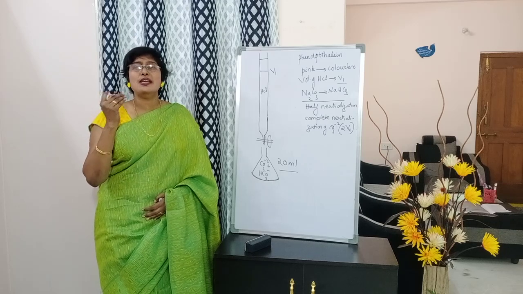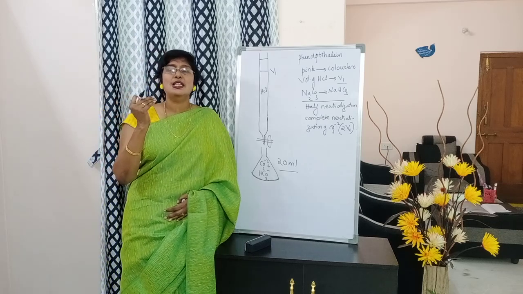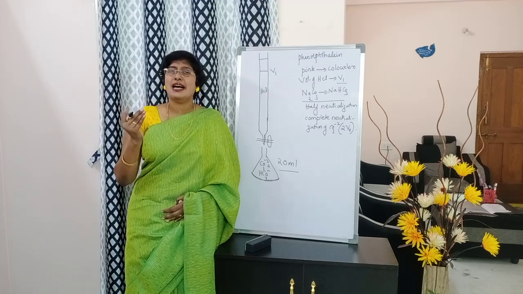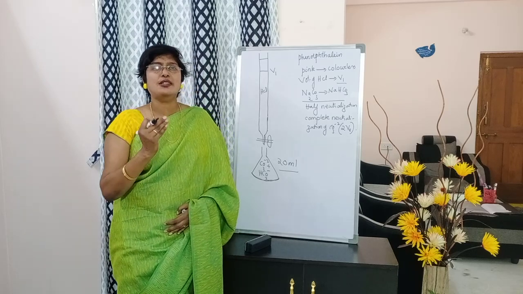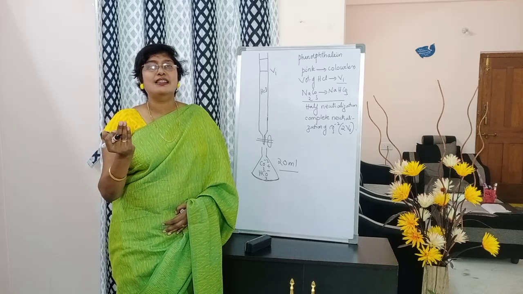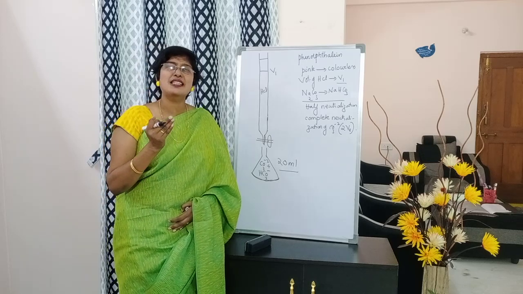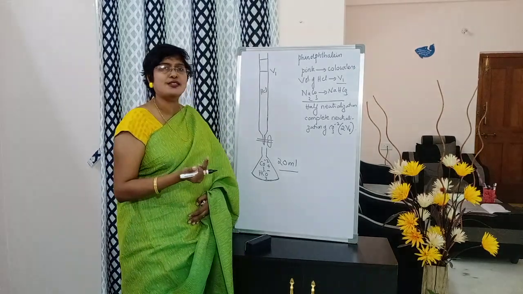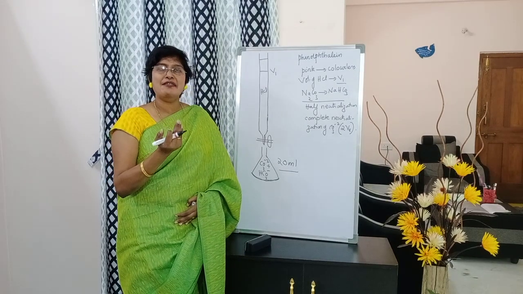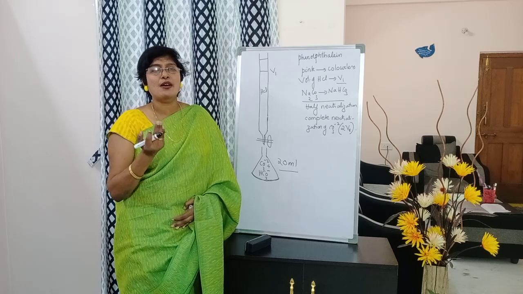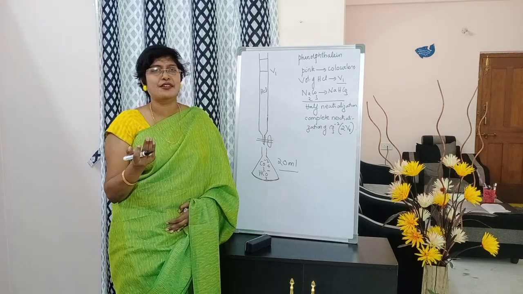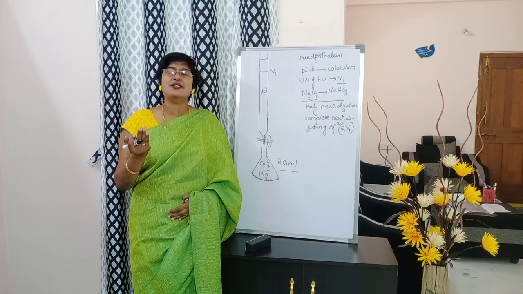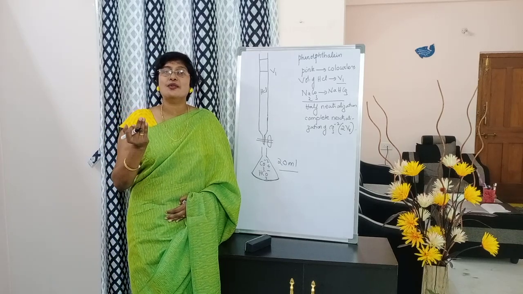Okay. So if V1 is the volume of HCl required for the half neutralization of Na2CO3 to NaHCO3, then what is the volume of HCl required for the complete neutralization of Na2CO3, students? If V1, for example, 10 ml of HCl is used for half neutralization, then for complete neutralization of CO3 2-, how much volume of HCl?